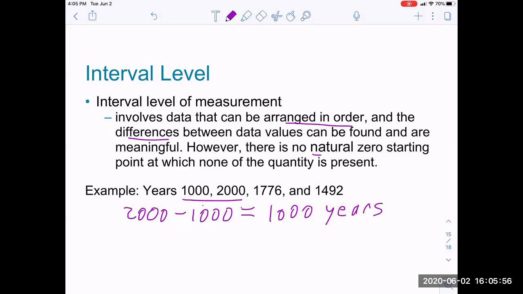Now this part about no natural zero. If you think about a calendar and the years, what does zero mean? Does it mean no time? No, we just happen to arbitrarily pick that starting point as a zero. So there is no natural zero.